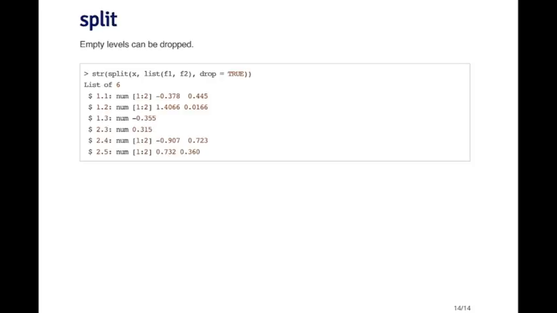If you're only using a single factor, then that argument doesn't really do anything because you just use all the levels. But if you have multiple factors, then typically you're going to have empty levels just because you don't observe every single combination of the 2 factors. So drop equals TRUE will drop those empty levels, and then you'll be returned a list with only the levels that have observations in them.